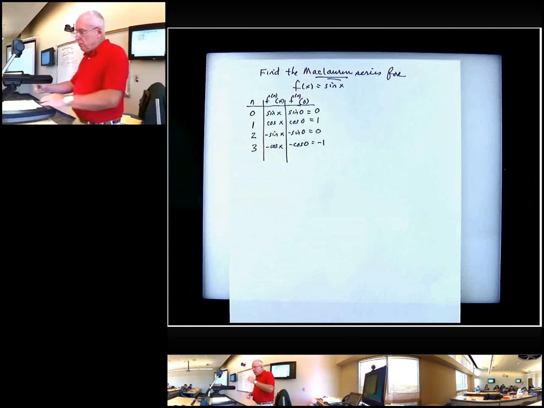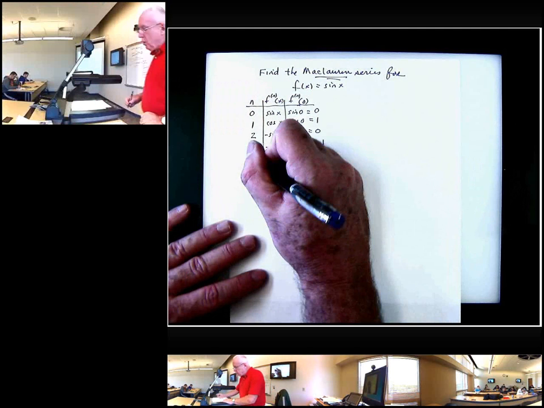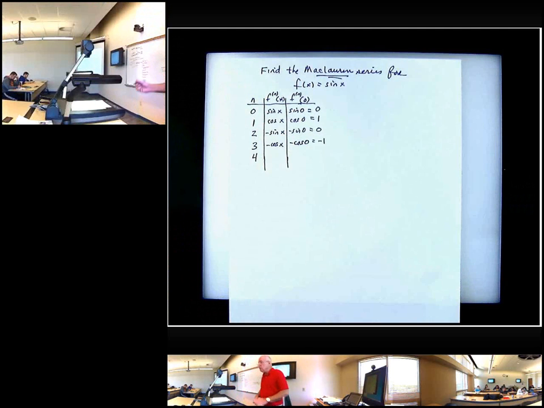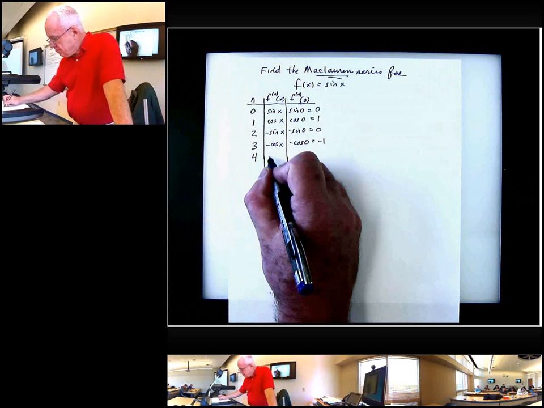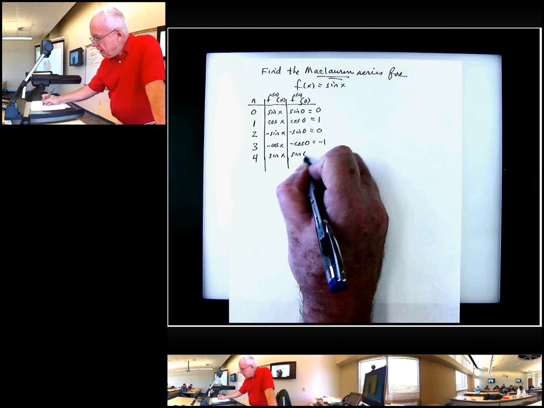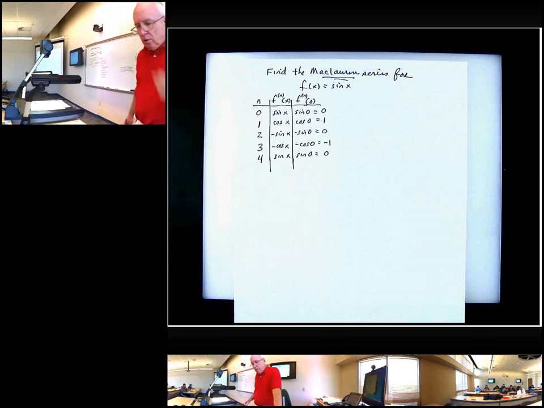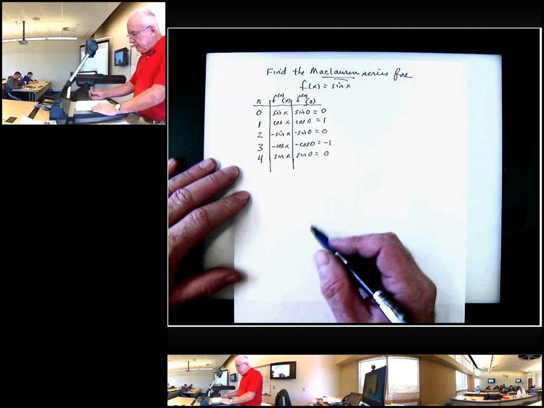And I'll do one more here. When n is equal to 4, we then take the derivative of the negative cosine, and that's sine. And then we apply 0 to that, and we get back to 0. All right. And this will then keep repeating itself.